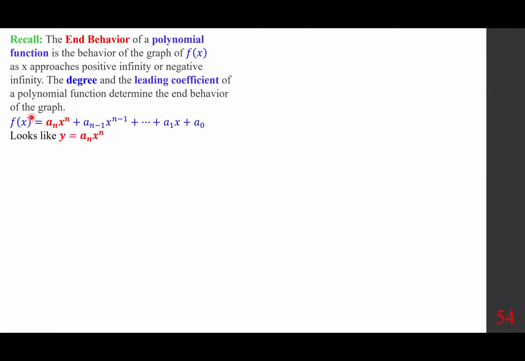So a polynomial function f of x is a sub n x to the power of n plus a sub n minus 1 x to the power of n minus 1, all the way to a sub 0. And this is called the leading term, which means as x gets larger and larger, ultimately this will take over. And the shape depends on this piece.